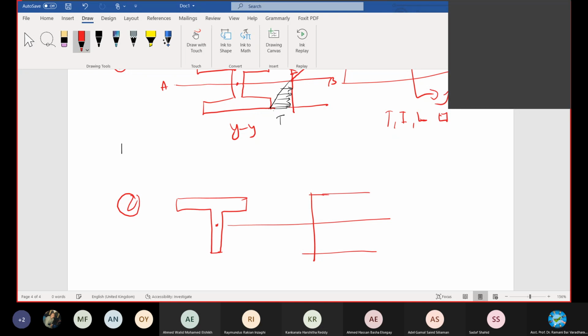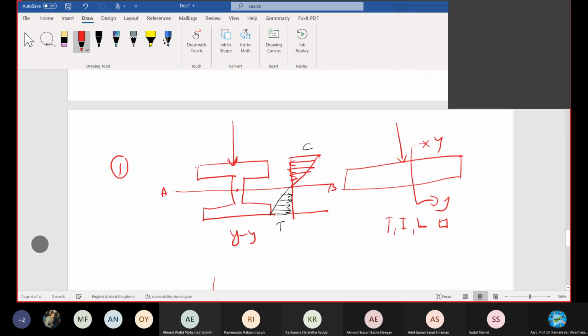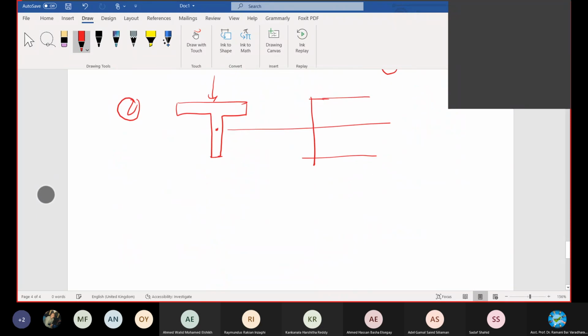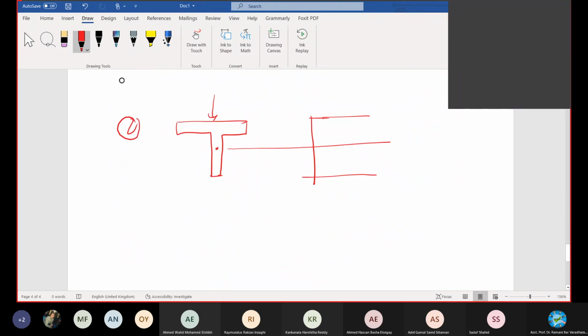Should I call names? Can you answer me what will happen at this point? Imagine there is a loading happening, right? The same cross section you choose. What if this is the T section in the second case? What will be the distribution here? First of all, will the top flange be subjected to compression or tension due to this loading?